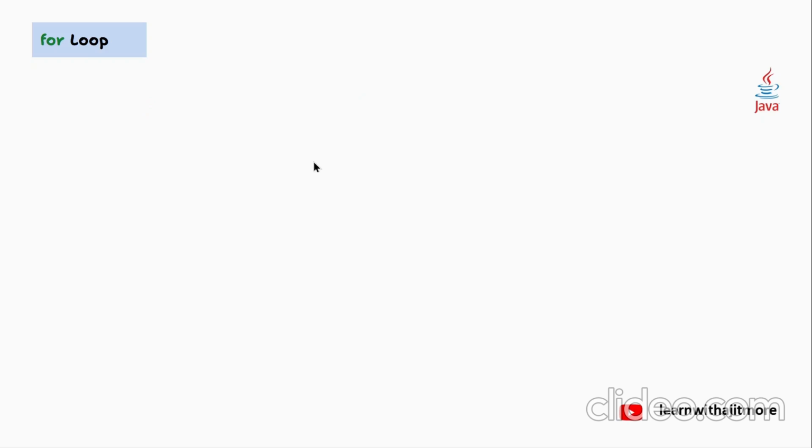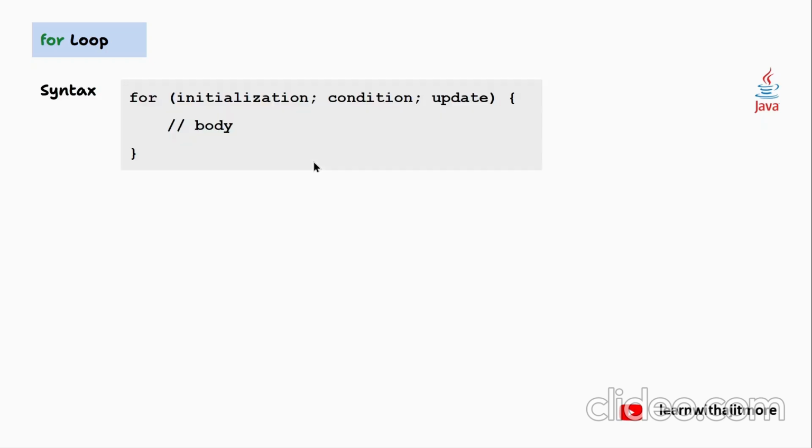And in the for loop, all three parts are optional. So the syntax is like this. For is a keyword, then round brackets. In this for loop, there are three parts. First is the initialization, then the condition, and then the update.